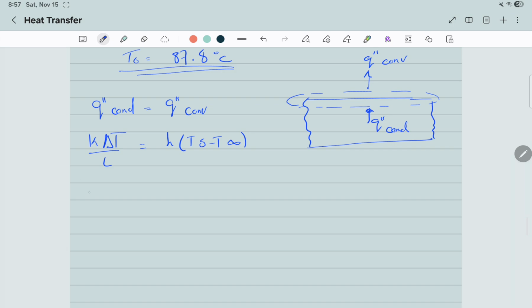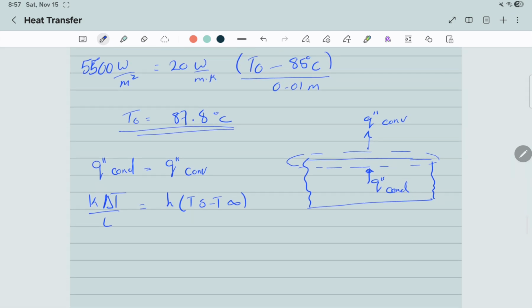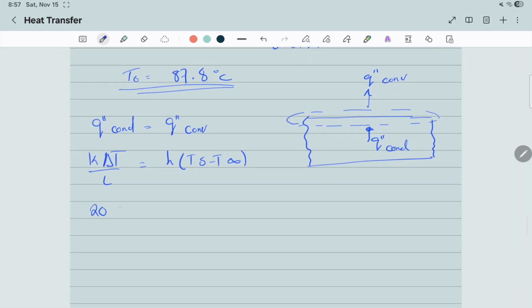K is 20 times To minus Ti over L, 0.01 meters, equals h, which is 100, times Ts, the temperature of your surface here.